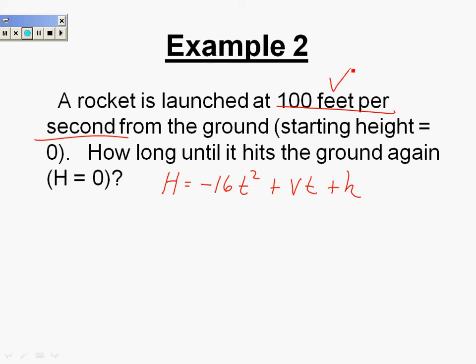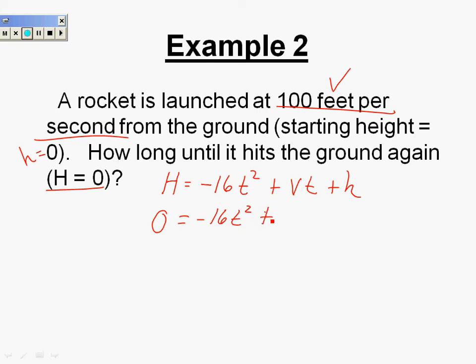All right. From the ground. Now, since it's starting from the ground, that's your starting height. So that's little h equals 0. How long until it hits the ground again? I labeled that one already. Big H equals 0. So let's go ahead and plug these in. Big H is going to be 0. We don't know what t is.